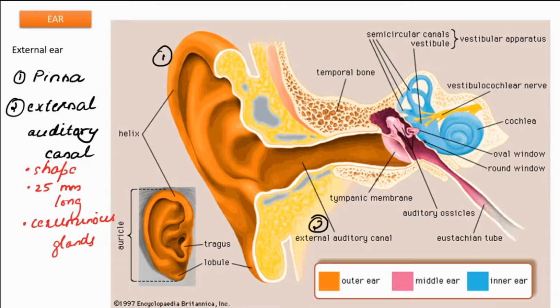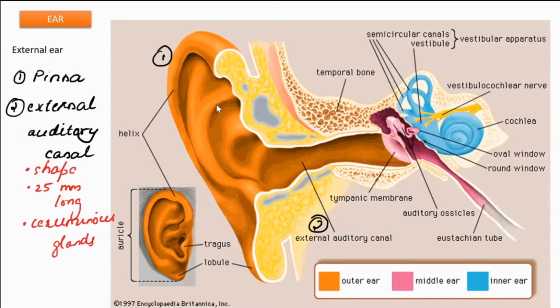The external auditory canal is also known as the auditory meatus. Spelling: A-U-D-I-T-O-R-Y M-E-A-T-U-S. So, the external ear consists of two parts, two regions: pinna and external auditory canal.